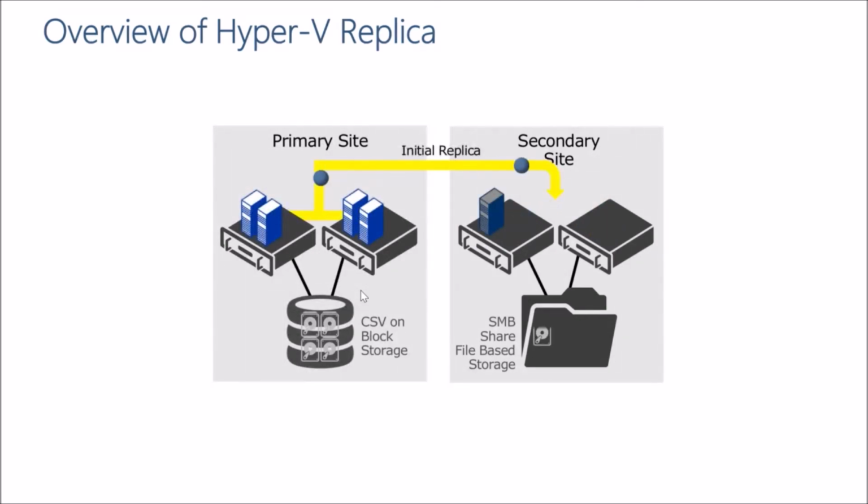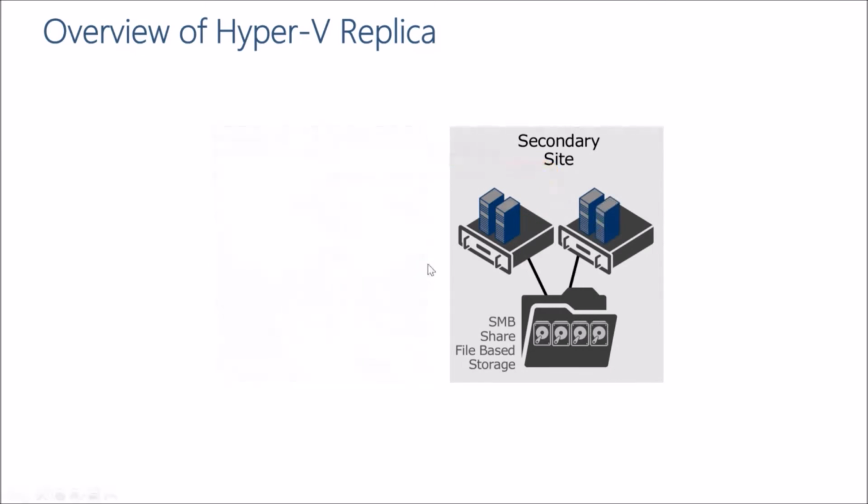That could be a planned or unplanned outage due to some emergency. Then these virtual machines take over the services and become available, and your systems and services will still be up and running. So obviously there is going to be some downtime.